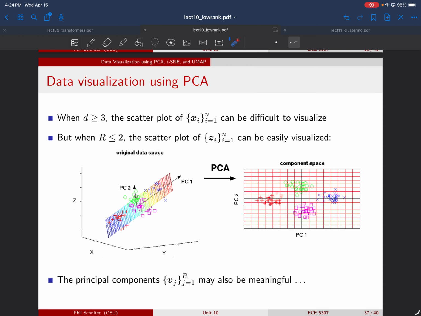But what if we did PCA to reduce the dimensionality of those xi's to these coefficients zi that were, let's say, 1 or 2 dimensional, and now we can visualize them.